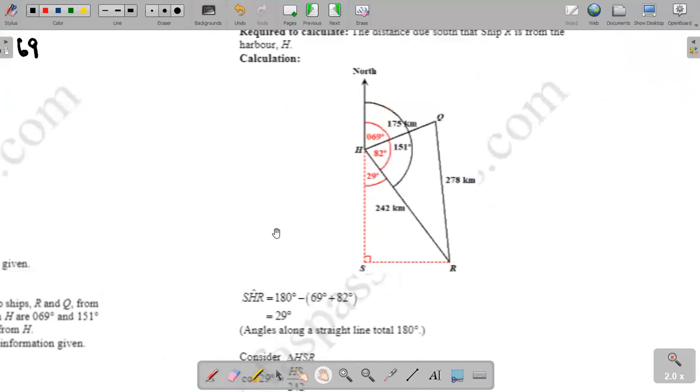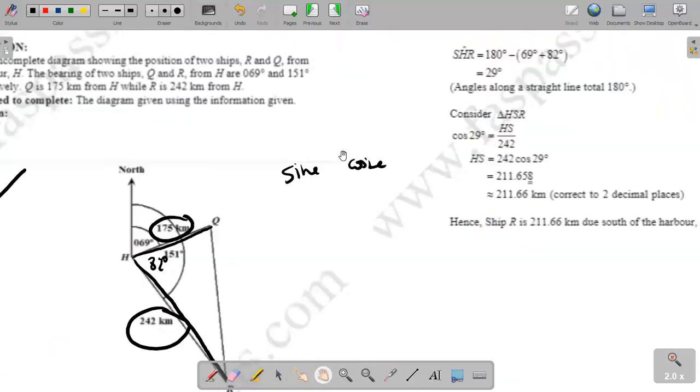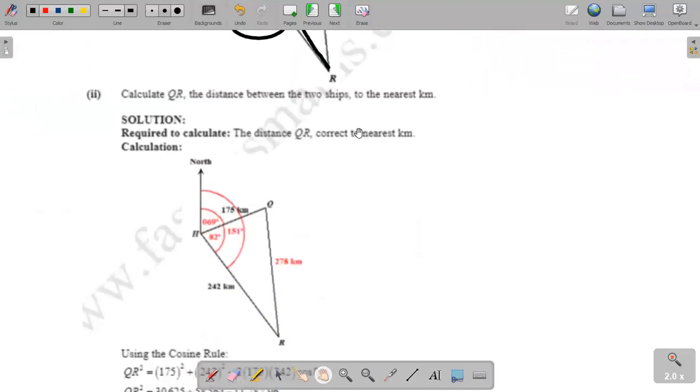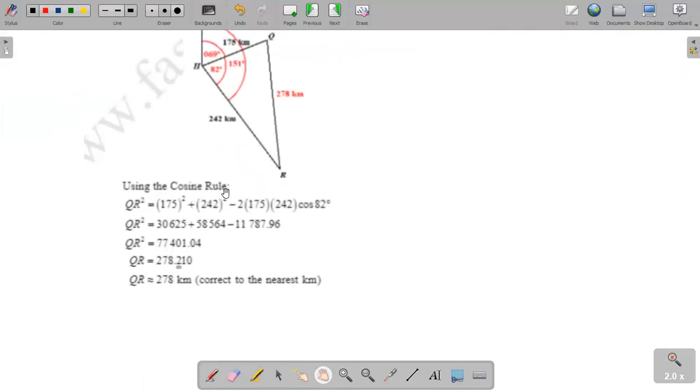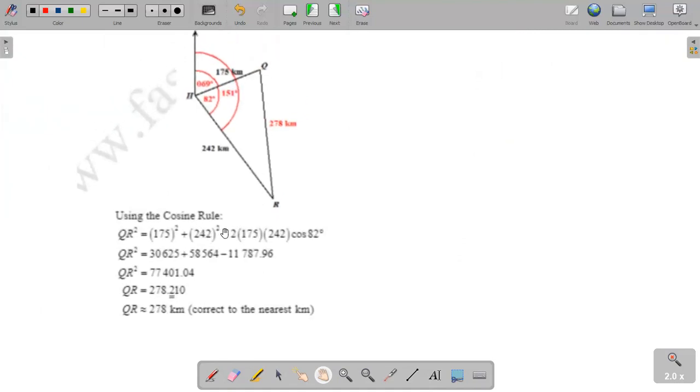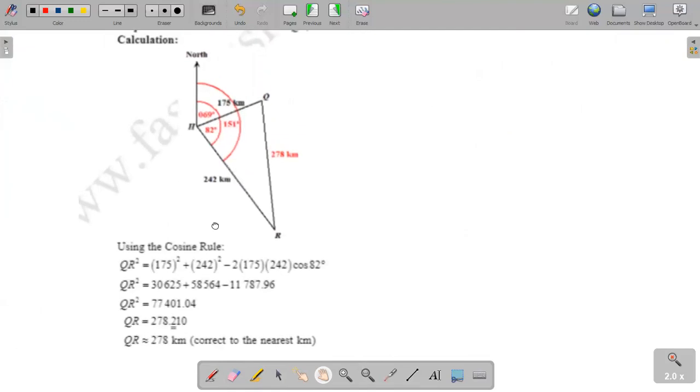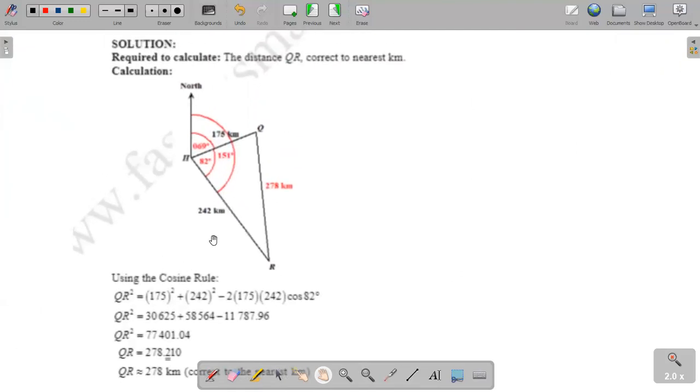So, quick question. Remember how to use the cosine rule? If you got it, say got it. It's the same thing we've been doing all morning, cosine rule.